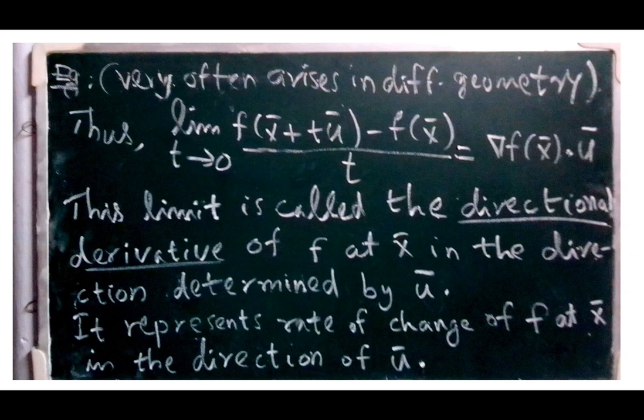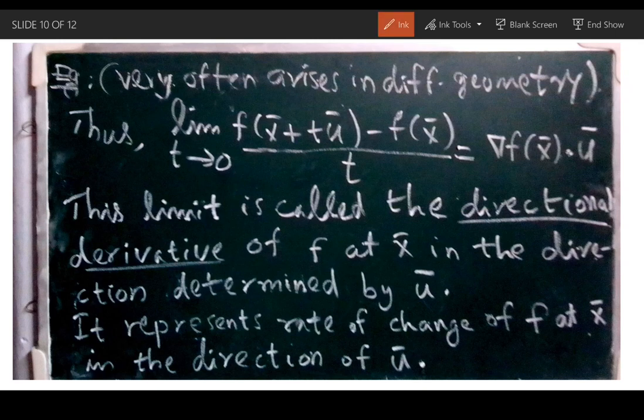Thus, from the previous two slides, we see that in the first slide, g dash of 0 was del f at x dot u, and in the previous slide, g dash of 0 was this limit. So you can equate them. So limit t tends to 0, f of x plus tu minus f of x divided by t, and we understood that this limit represents the rate of change of f at the point x in the direction of u.